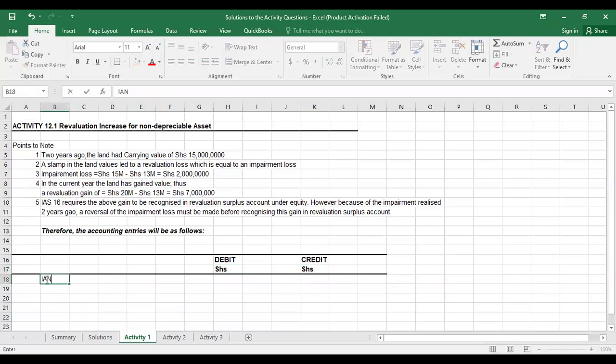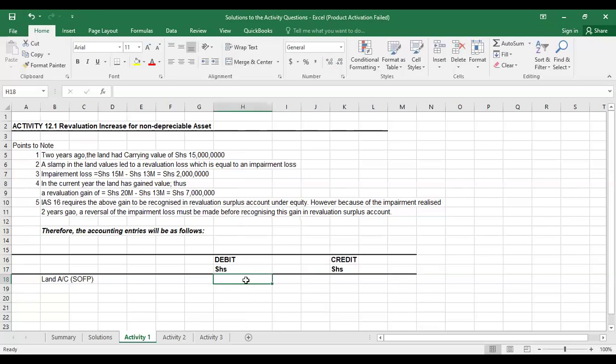So land account, that is in our statement of financial position, or balance sheet, will have 7 million on the debit.